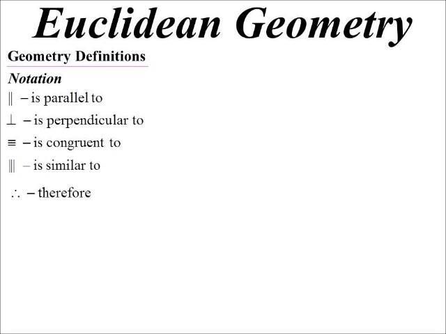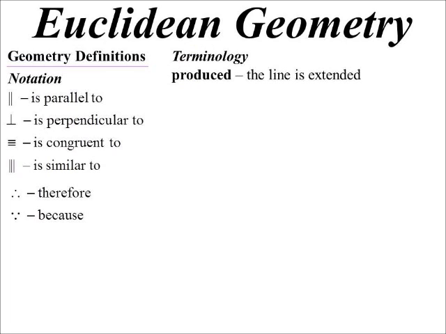The triangle of dots in that configuration is a notation for therefore. The other way round, it's not used that often, but that is a notation for because. When you're writing a reason, some people like to say, oh, because of this, and so they'll put three dots in the upside down triangle. It's probably not used that often these days, but if you ever do see the upside down triangle, that means because. This is why it can happen.